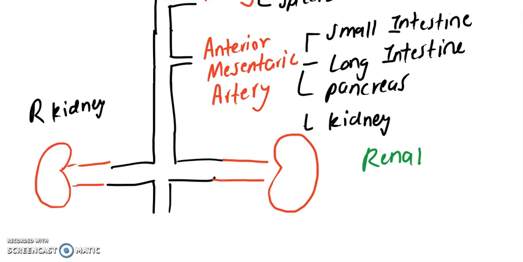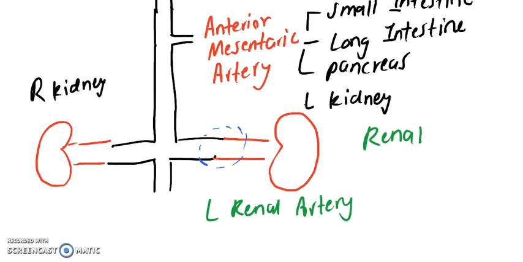So the full name for this artery here would simply be the left renal artery. And the naming for this one would just be the right renal artery. And these are easy to see in the fetal pig. So right renal artery and the left renal artery.